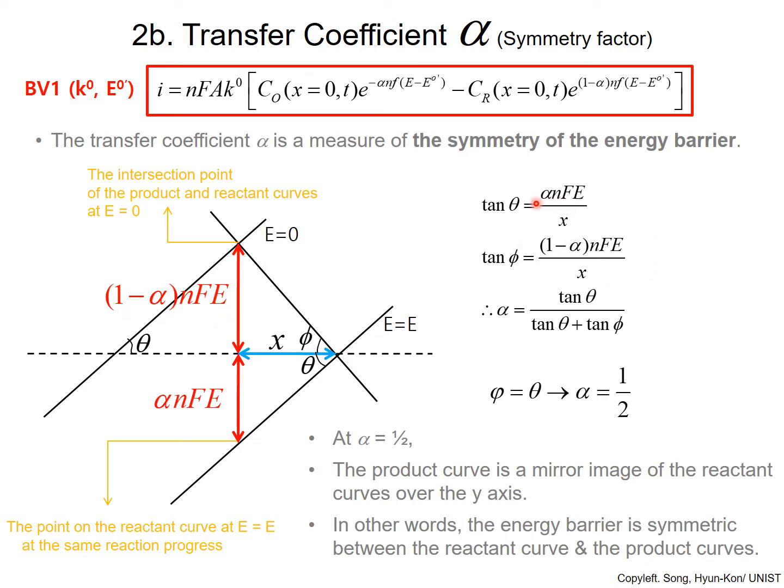By combining those two equations, alpha can be described by tangent theta over the summation of tangent theta plus tangent phi. If theta is equal to phi, alpha is going to be 1 over 2, or 0.5.